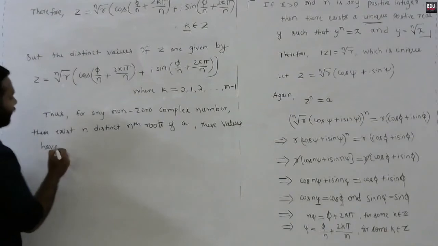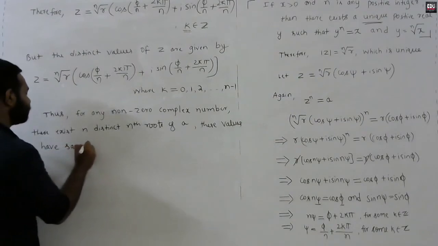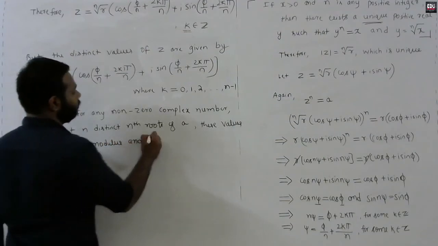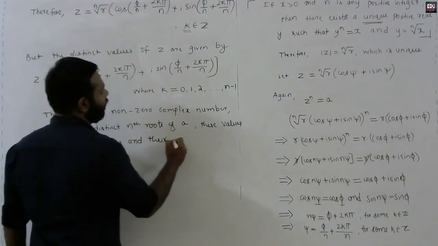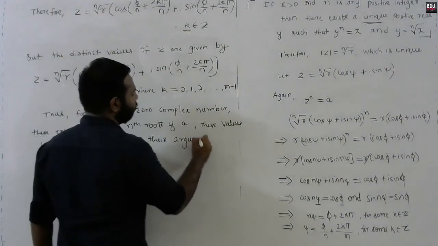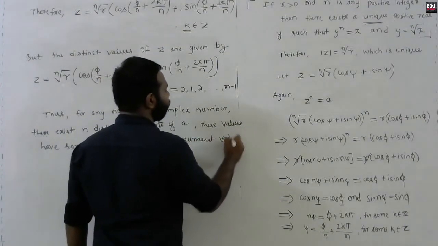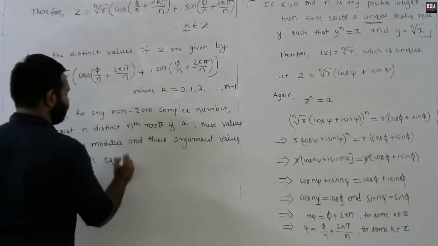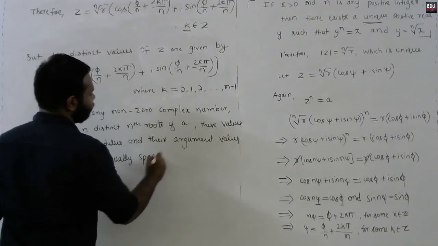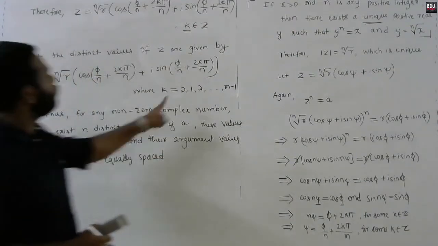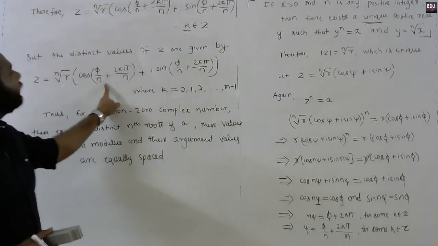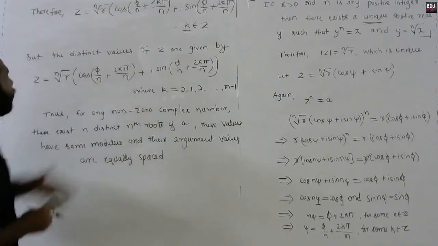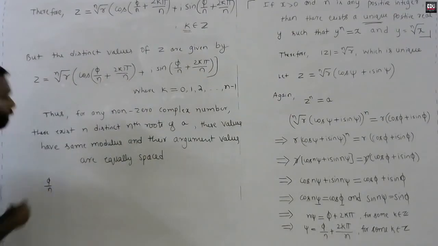These values have the same modulus, and their argument values are equally spaced. That means, for these k values, if I consider the argument values for all z: for k equal to 0, the argument value is phi by n.